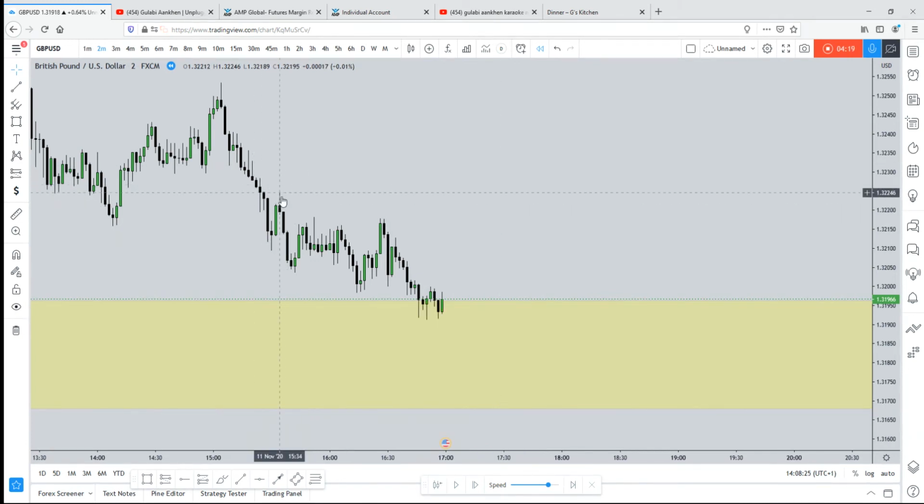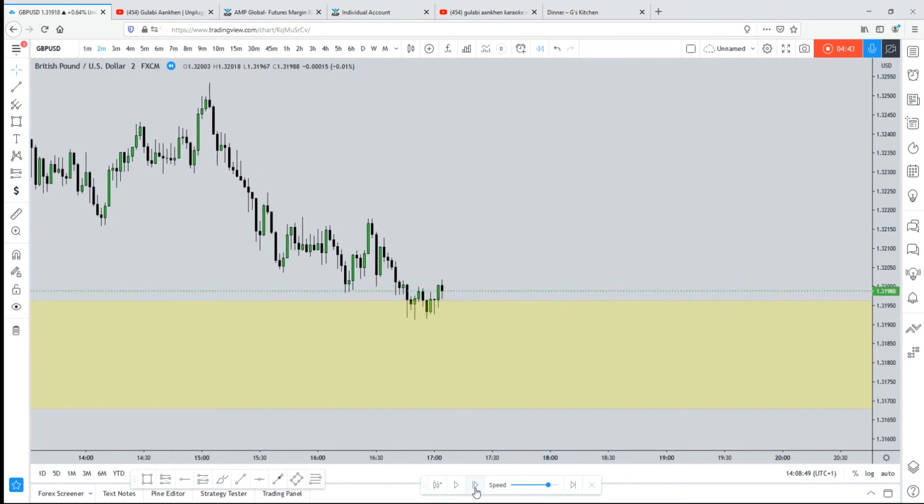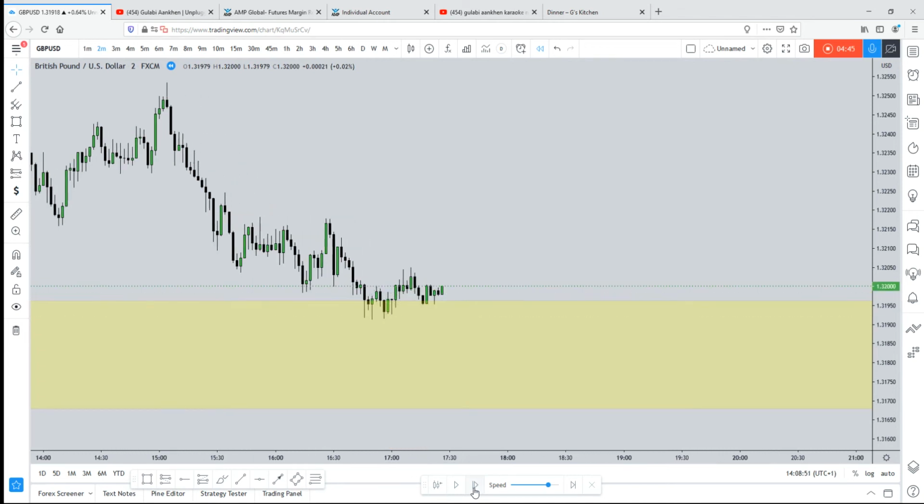When this lower high creates a lower low, only then can we call it a valid lower high. The price is making lower high, lower low, so now we cannot think of buy. We have to look for something when the lower high cannot make a lower low. So still the price is making lower high, lower low.